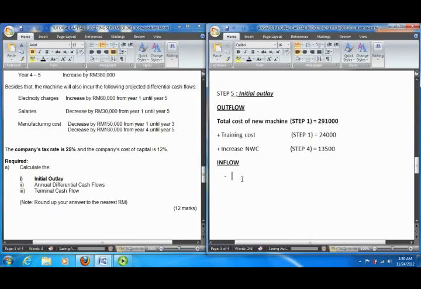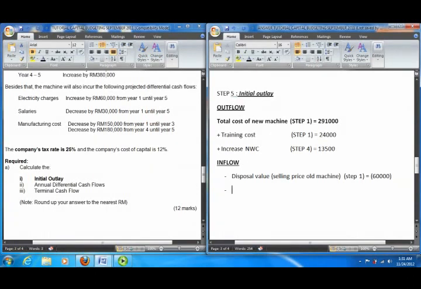What is your total inflow, class? Yes, your disposal value. Remember, you sell your machine, then you get an inflow, correct? Selling price of the old machine. Where can you get the amount, class? Yes, step 1: 60,000. Remember class, total outflow will minus your total inflow.